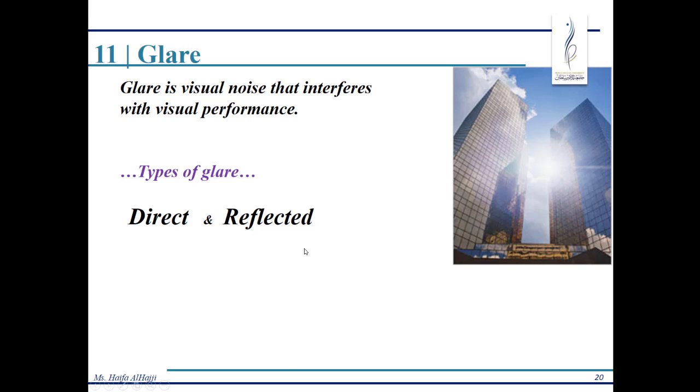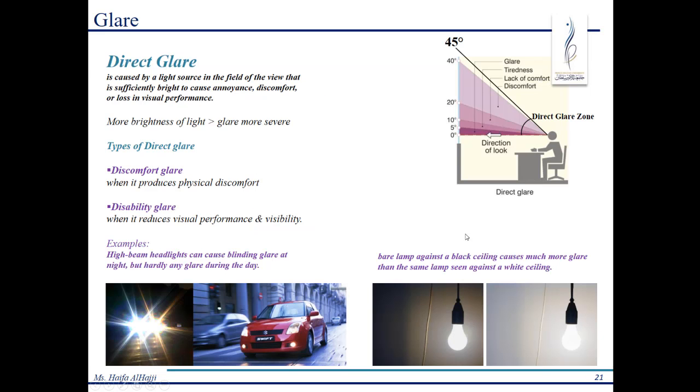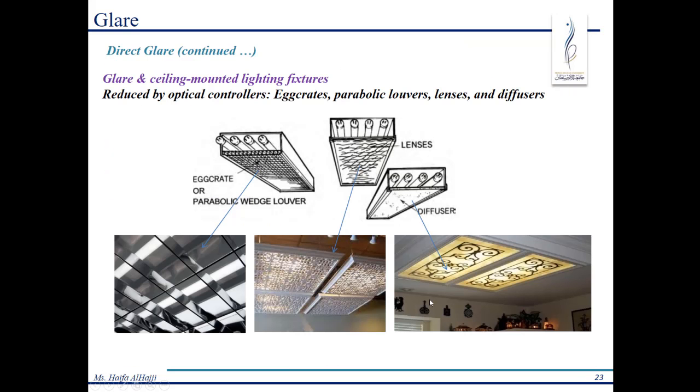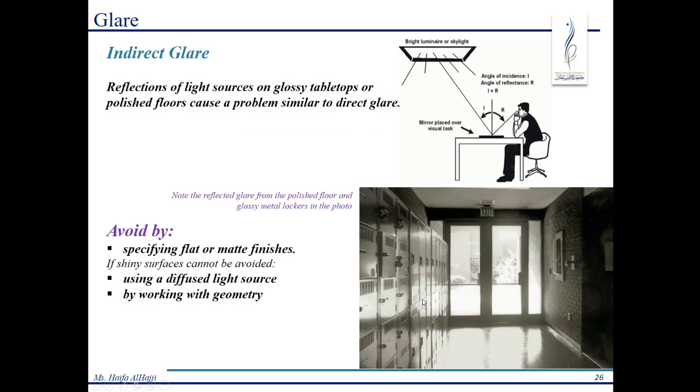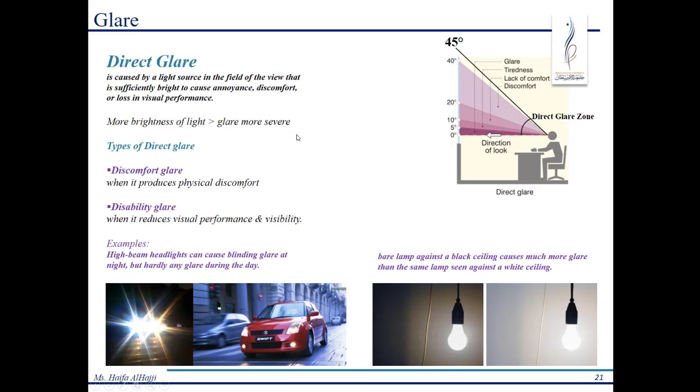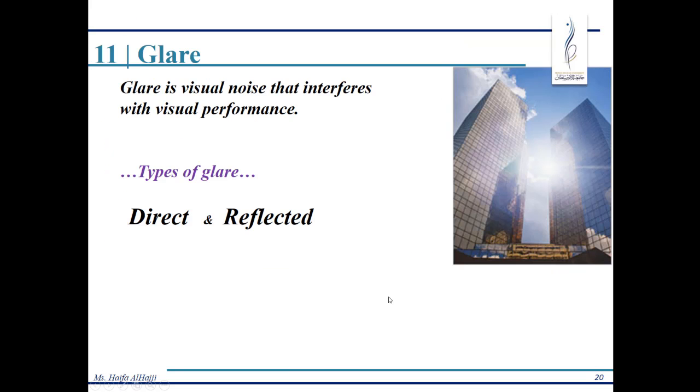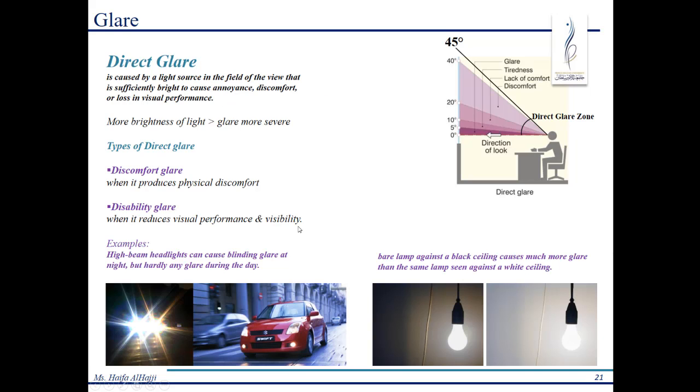Direct glare is what you see when the source of light is right in front of you. Reflected glare is when the light is reflected off a surface. As we can see here, this is the light source and this is the surface where I'm seeing the reflection on my task. So this is reflected glare, and seeing the illumination directly, like the light itself, is direct glare.